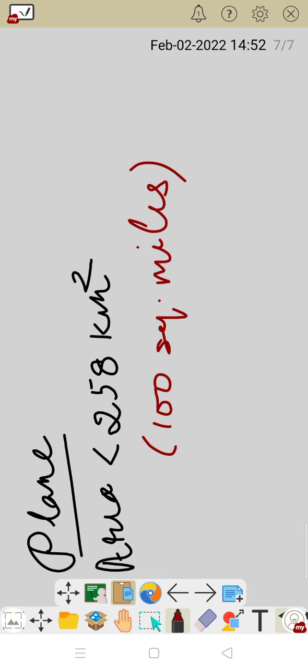The other difference is area. In plain survey, I have told that the area will be less. The surveying area will be very less.